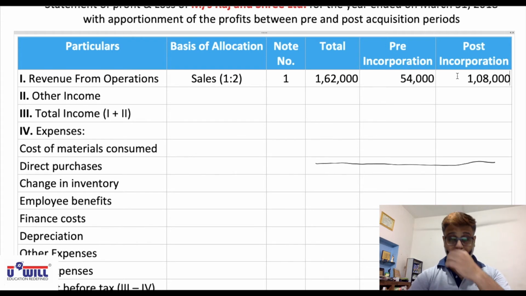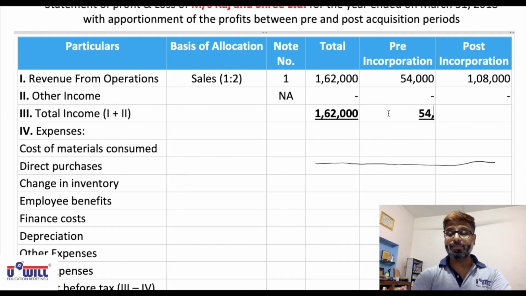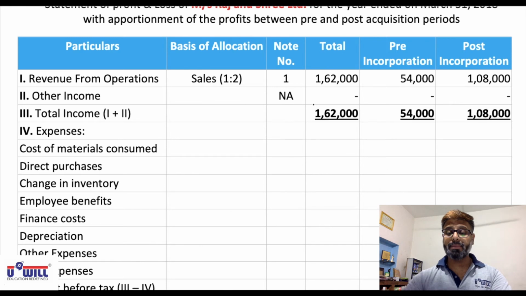I hope everyone is able to get this. Other incomes are not available, so NA, nil, nil, and nil. Now the same would be the total: 1,62,000, 54,000, 1,08,000. Okay, the same will be the total income, same as revenue from operations.